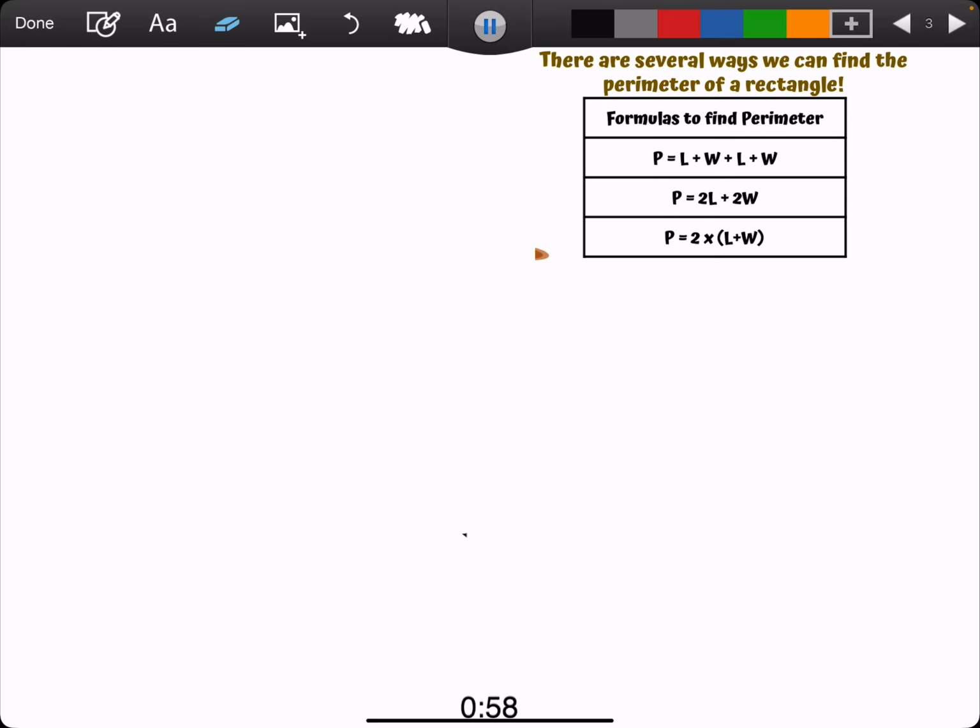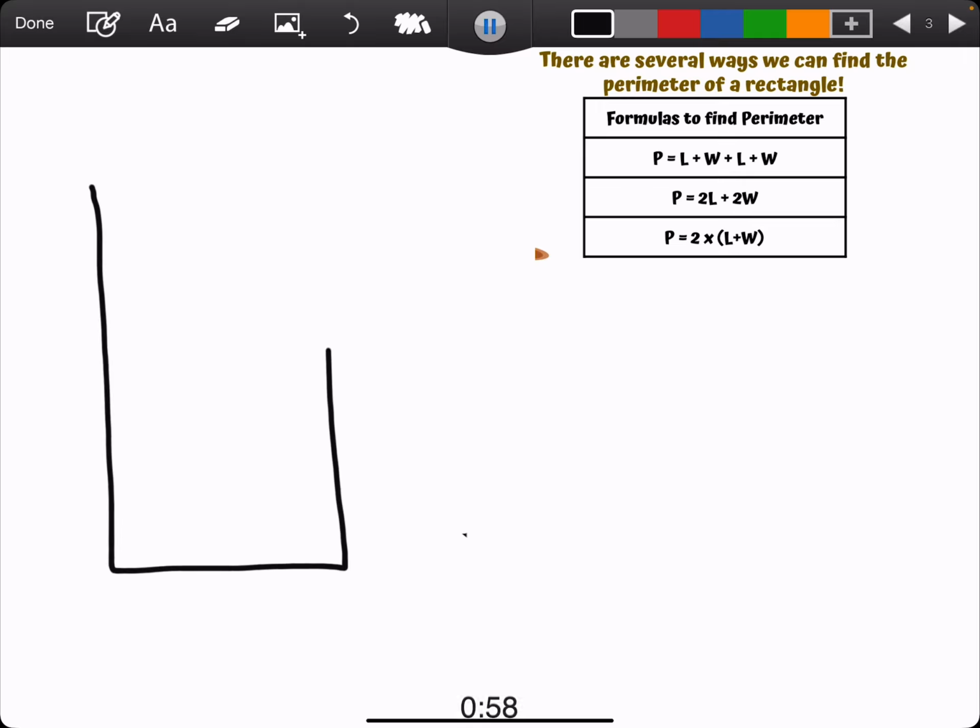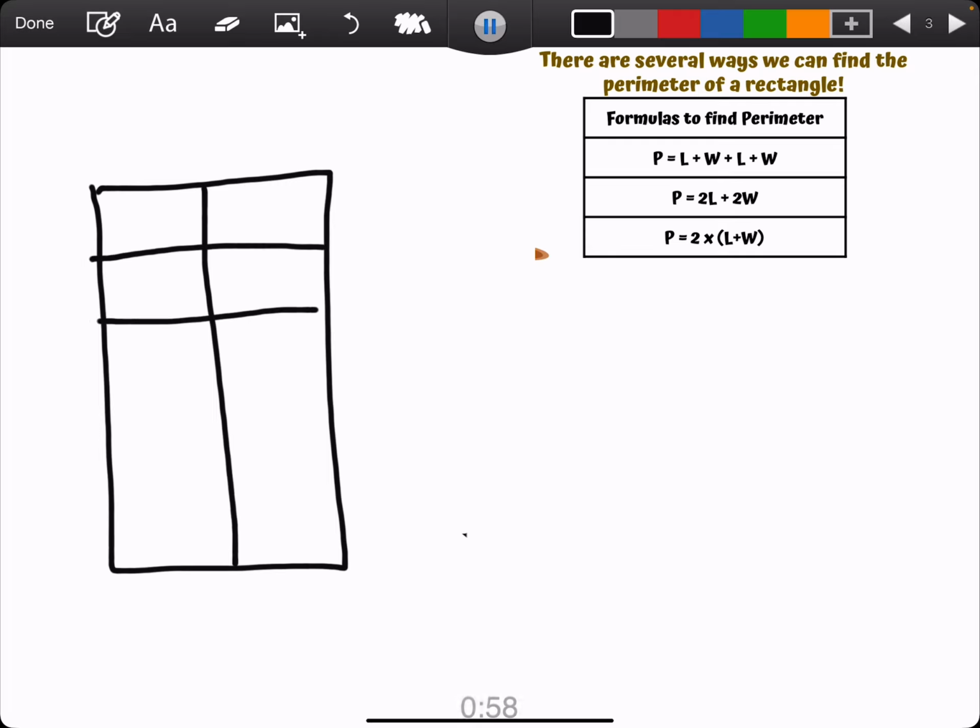Okay, so I'm going to draw a figure here, a rectangle, and we're going to find the perimeter to start. When we look at this figure, we know that we have the width.